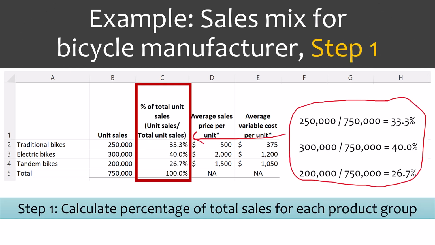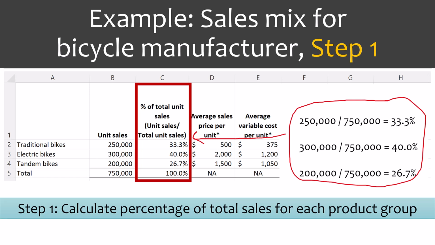So step one, we're going to calculate the percentage of total sales for each product group. Remember, we're trying to get to the break-even for a multi-product manufacturer. To do that, for example, for traditional bikes, we're going to take the unit sales of 250,000 units divided by total units of 750,000, and we get 33.3%.